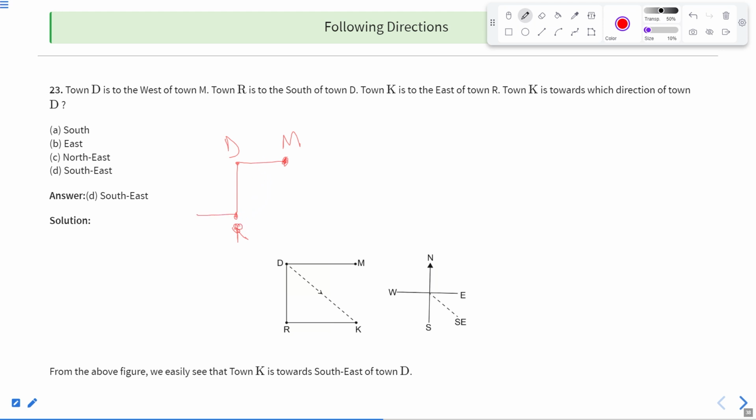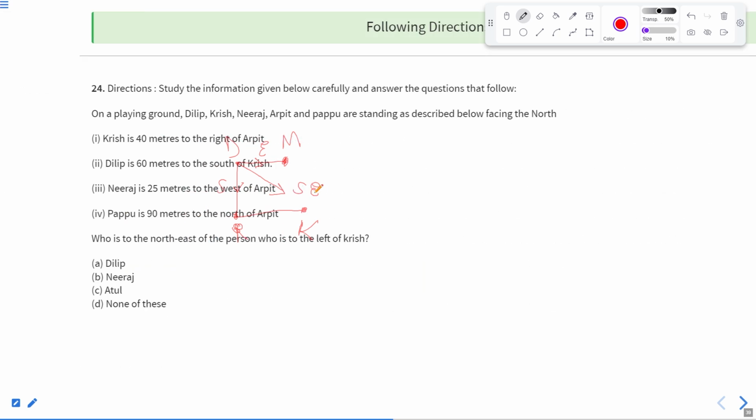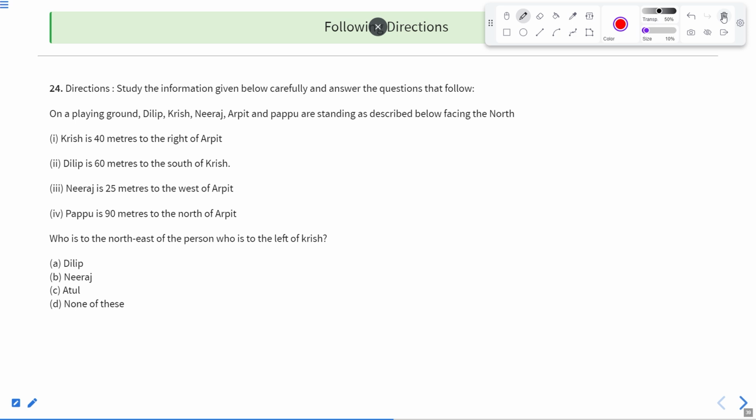East of town R is town K. Town K is towards which direction from town D? ठीक है. D, K. This definitely has a southern component and an eastern component. The southeast is the answer. D. As can be seen from the diagram.